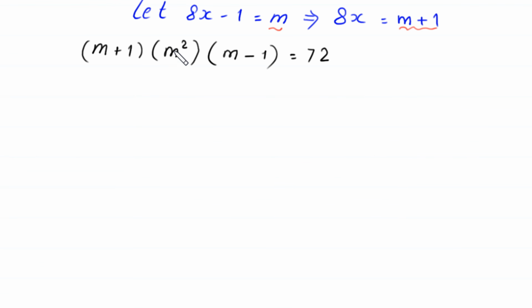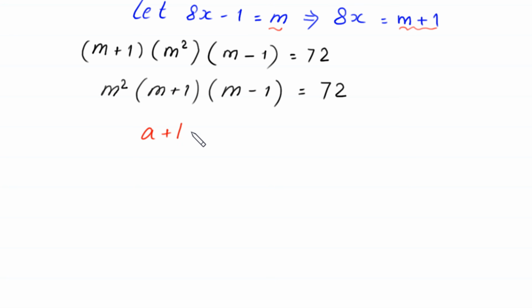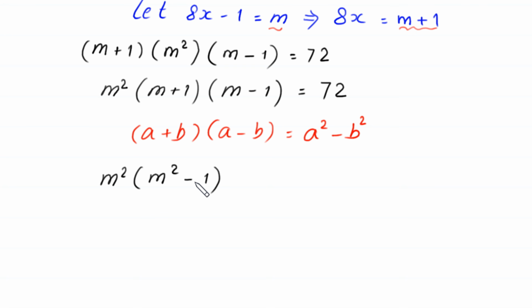Now this expression at the left hand side can be written as m squared times (m plus 1) times (m minus 1) is equal to 72. Now by using this algebraic identity, (a plus b) times (a minus b) is equal to a squared minus b squared, this will become m squared times (m squared minus 1) is equal to 72.